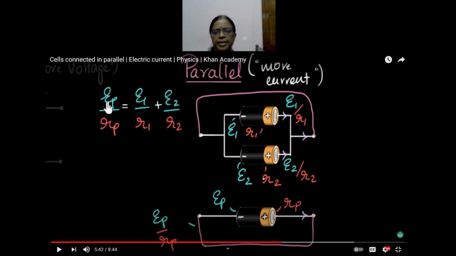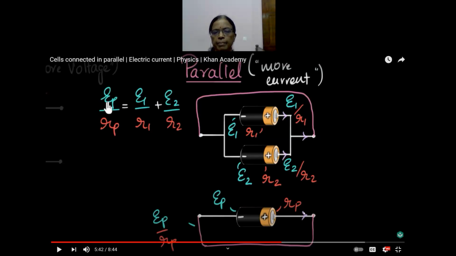So this is the combination. Instead of these two, a single cell is taken. Its current is EP by RP, where EP is the EMF of the combination cell and RP is the internal resistance of this single cell.